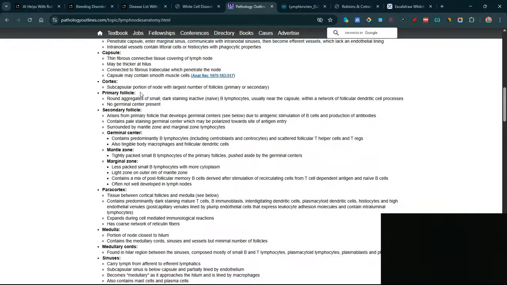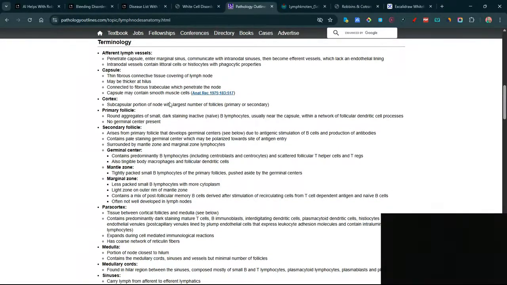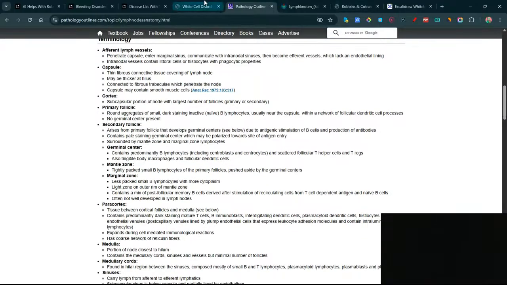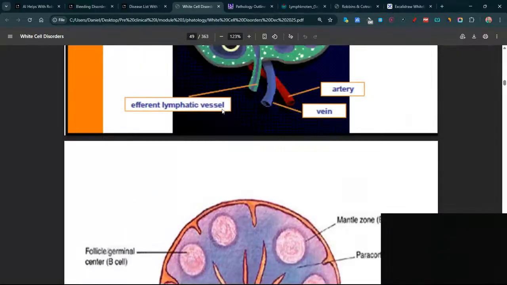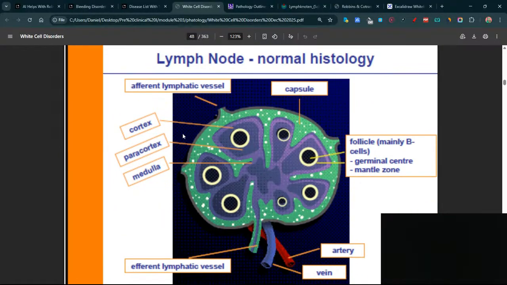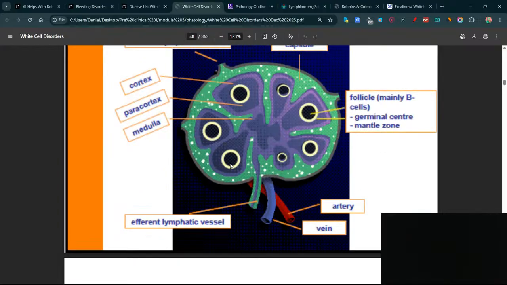No, this is not the primary follicle, and the cortex has the largest follicles. Knowing this is very, very essential: the cortex, paracortex, medulla. I think we need to know this thoroughly.